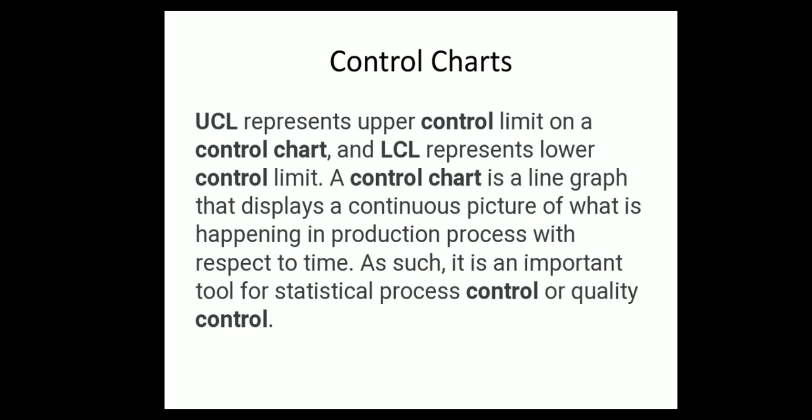Suppose ring frame end breaks are there, so the average, the zero level, is 0 breaks, the upper control limit is 20 breaks, and the lower control limit is 10 breaks. So 15 is the medium level.